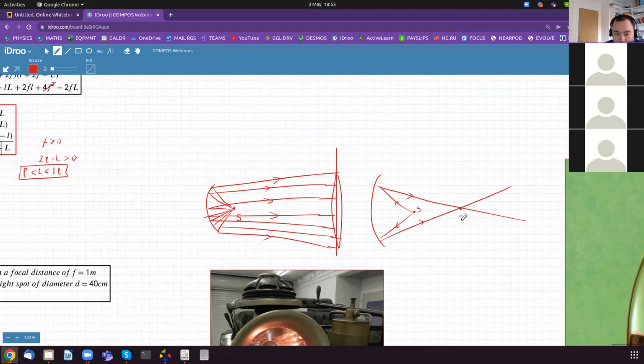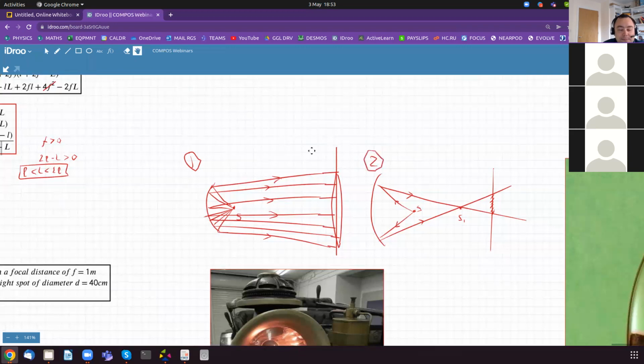This is the real image of the source. And the screen is placed here, and there's a bright spot on the screen. Okay. And another option, so option 1, 2, and 3.